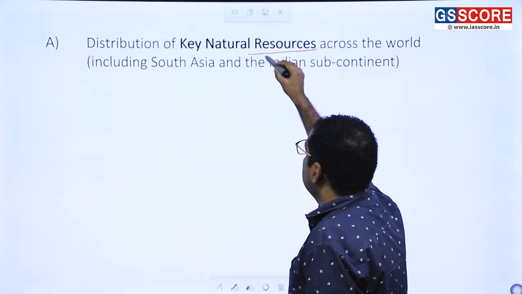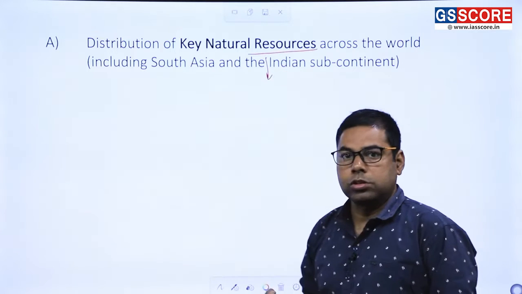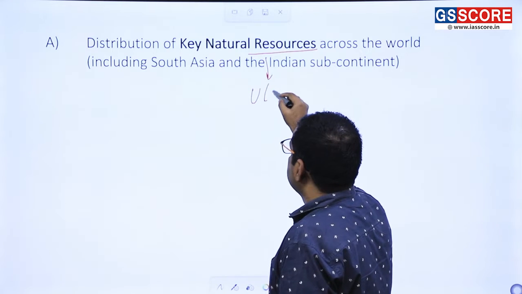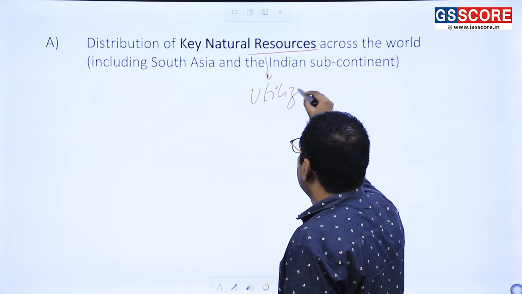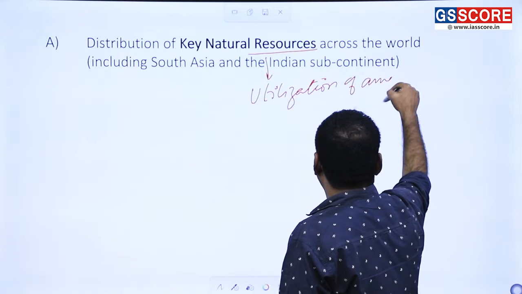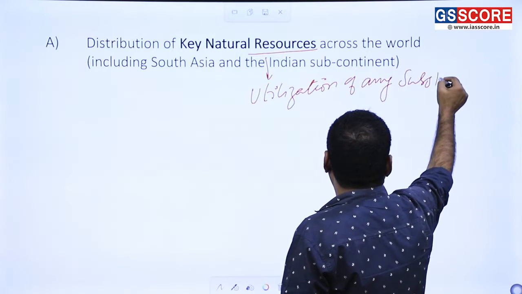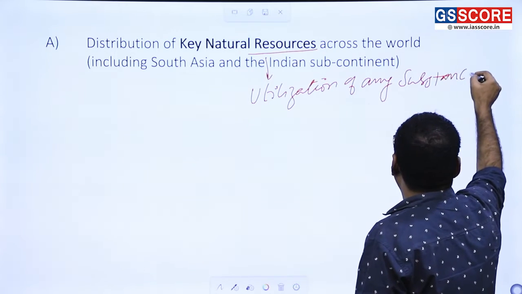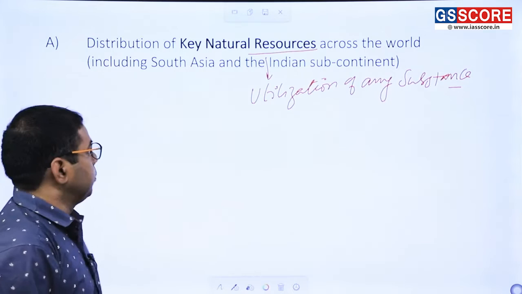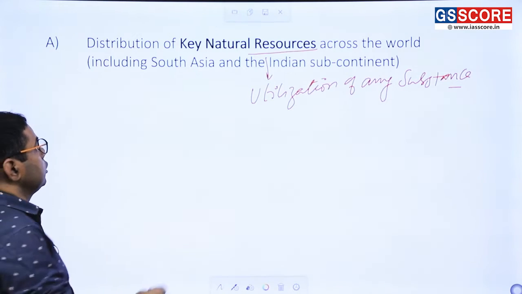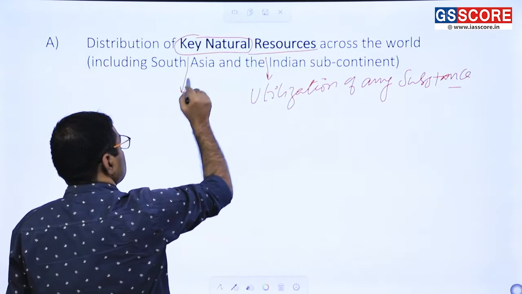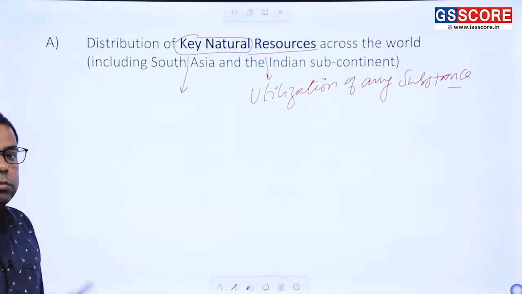resources. So you must understand the meaning of resource. Resource means it is a utilization of any substance. Utilization of any substance, that is a resource. Okay. But here in the syllabus it is given key natural. Now what are the key natural resources, or what does it mean?